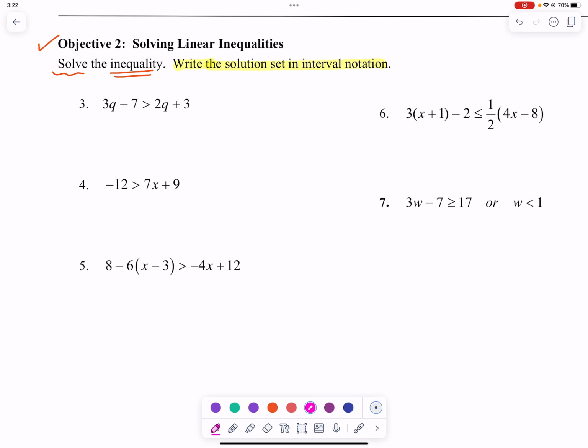Here we will subtract 2q from both sides, and we will end up with q minus 7 is greater than 3. We can add 7 to both sides, and we have q is greater than 10.